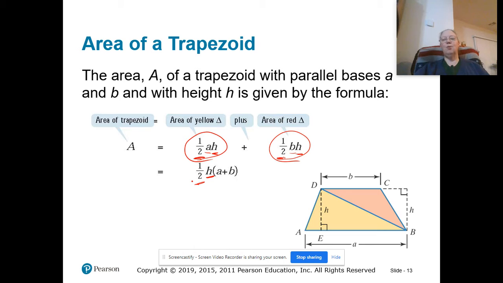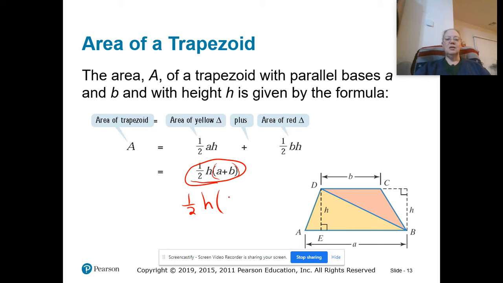You don't need to know how to combine those. Just know that the formula is 1/2 height times the quantity A plus B. Now A plus B, remember, those are the two different bases, okay? In fact, a lot of times you'll see this formula written like this, 1/2 height, and they'll write it as B plus B to indicate base and base.